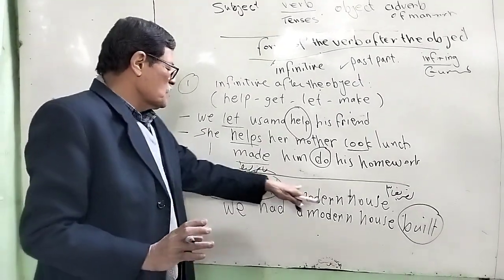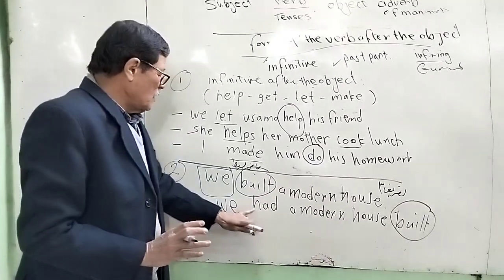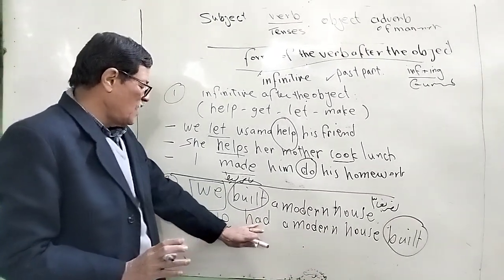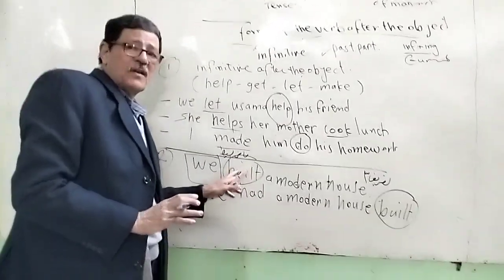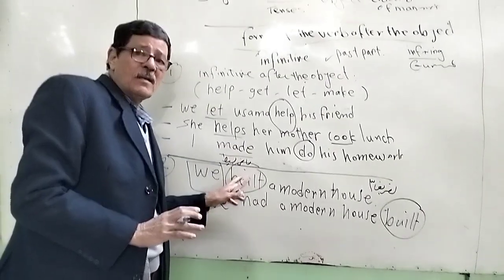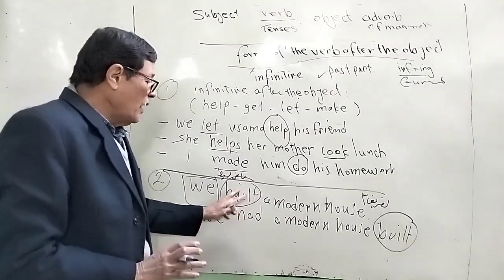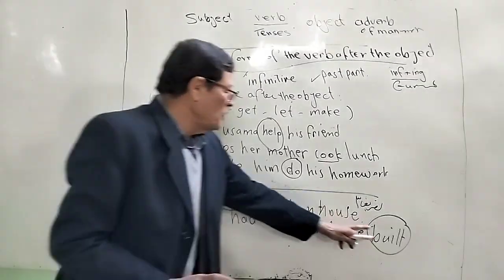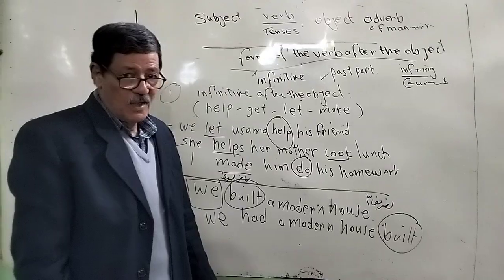When we change this sentence into passive, we used the verb to have according to the tense. The tense here is past simple, so we used had. Built became past participle after the object.